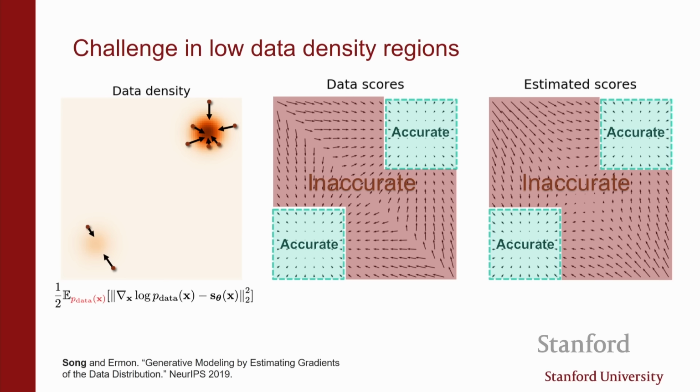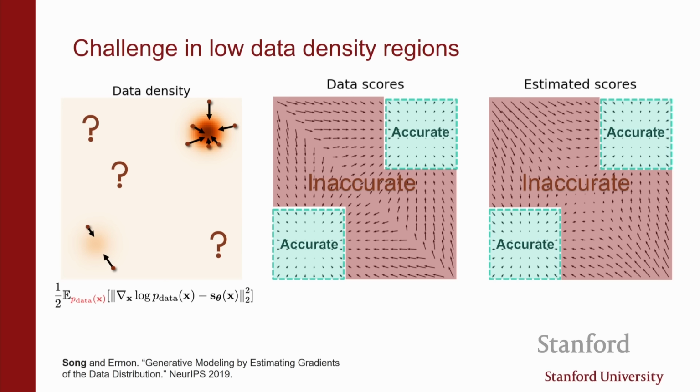The loss is an expectation with respect to the data distribution of the difference between the estimated gradient and the true gradient. But we're approximating this expectation with a sample average, and most of our samples are going to be up here and down here. We're never going to see samples in between.